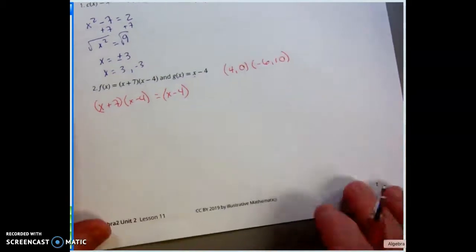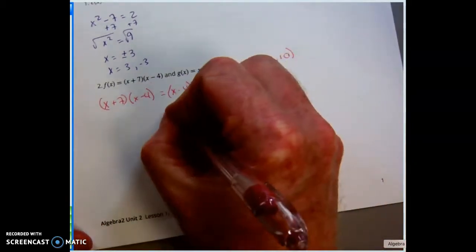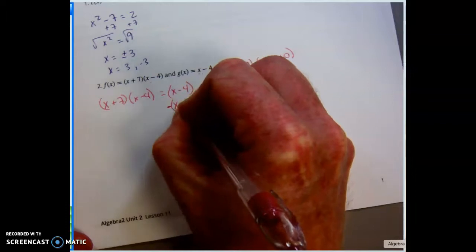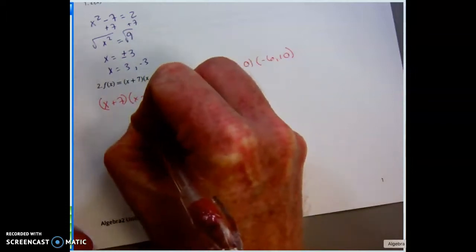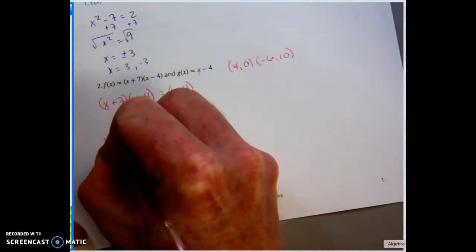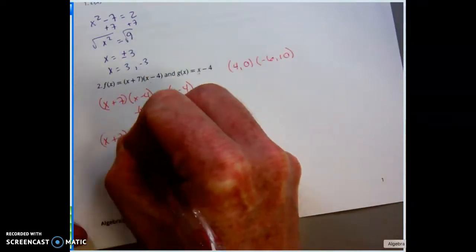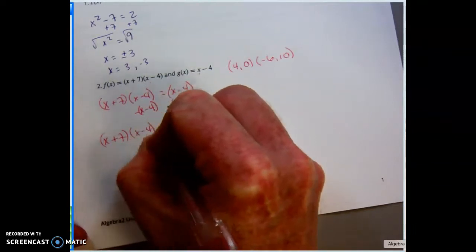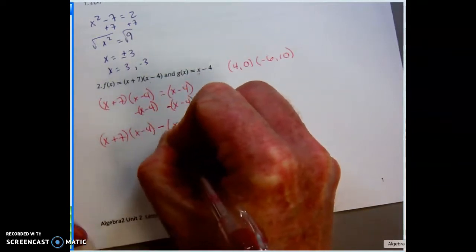So I could set this equal to 0. I'm going to subtract x minus 4 from both sides. So I've got x plus 7 times x minus 4 minus x minus 4.